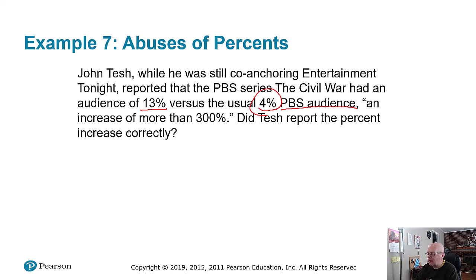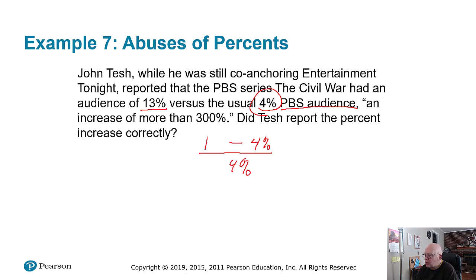Let's take a look at that. We'll make our fraction. We're going to subtract on the top. What's the original? Usually it's 4%, and the 4% goes down there. He said it went up to 300.